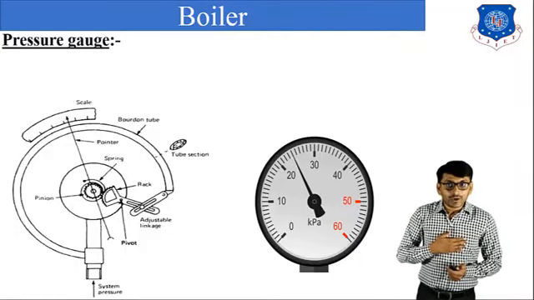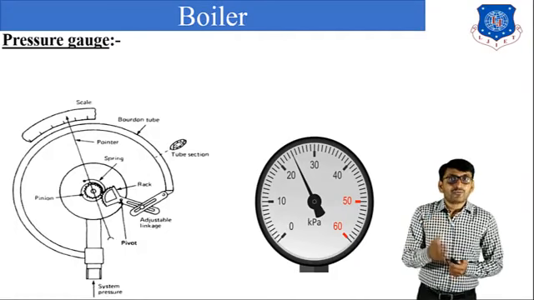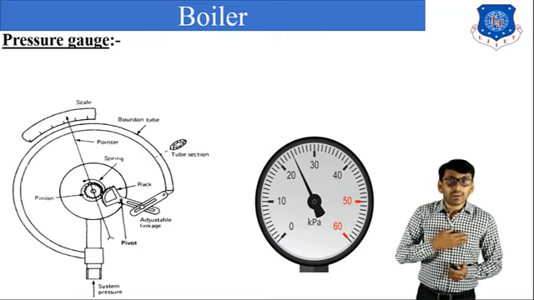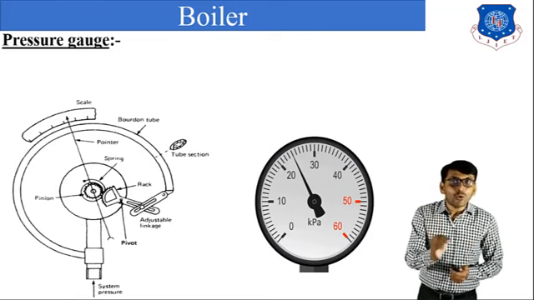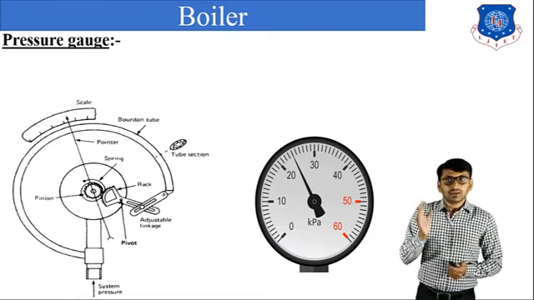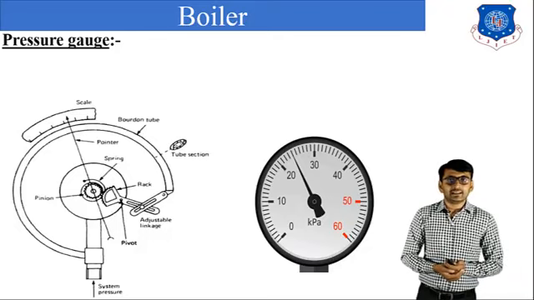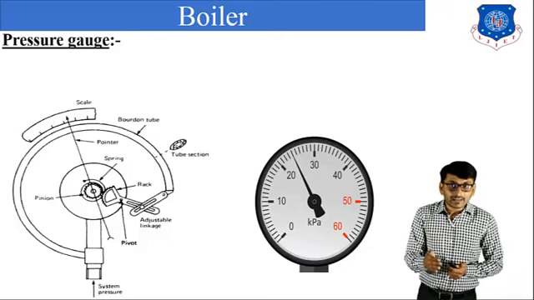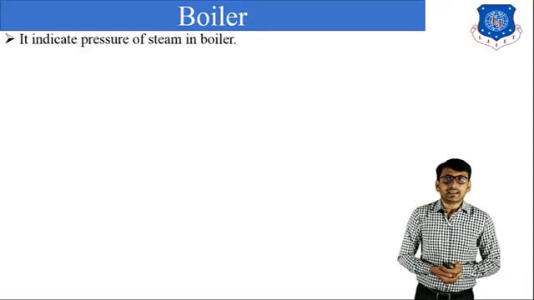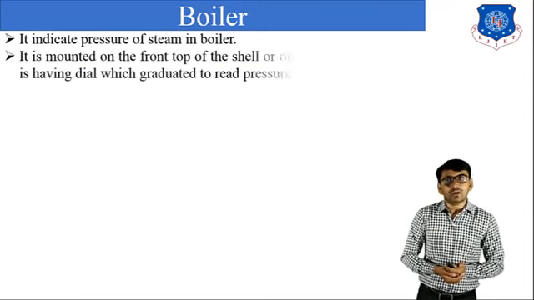So we have to note down the reading from the scale, and in this way we measure the pressure of steam. So this is the pressure gauge that is used to measure the pressure of steam. It indicates the pressure of steam in the boiler.